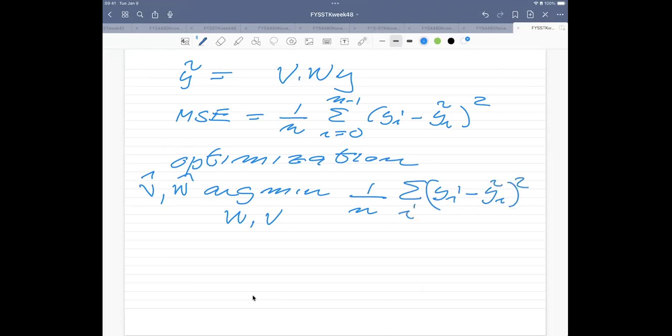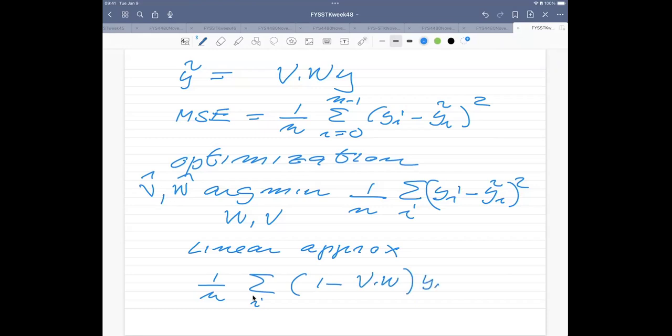And we know that if we look at this linear approximation, what we are optimizing is 1 over n times the sum over i of y of i minus v times w times y of i, squared.